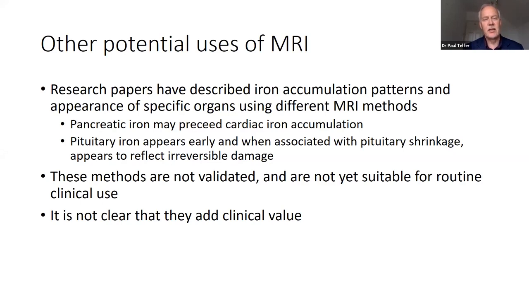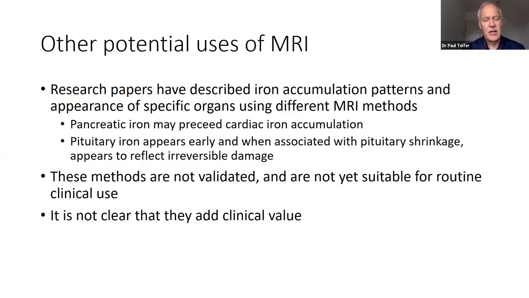These are very interesting and have provided some important data on what happens to the pancreas and how it correlates with iron in other parts of the body, particularly the heart. It does seem as though the pancreas loads with iron prior to myocardial loading, and may be an early indicator of the risk of cardiac iron, as well as perhaps predicting the onset of diabetes. And pituitary iron is related to pituitary failure and pituitary damage from iron overload.